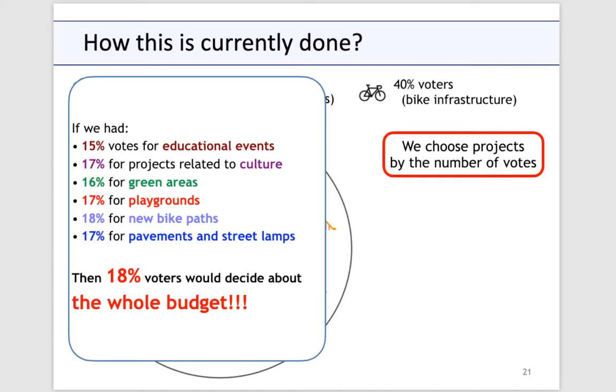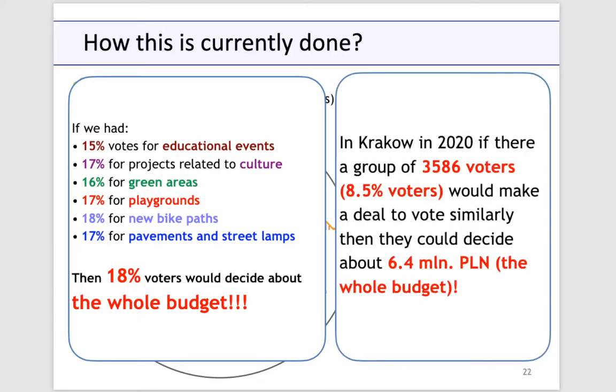And how does it look in practice? For example, in Krakow, in 2020, if there were a group of 8% of the voters, and if such a group made a deal to vote on a similar set of projects, they could decide how the whole city budget is spent. This is, on the one hand, unfair, and on the other hand, this is very dangerous.